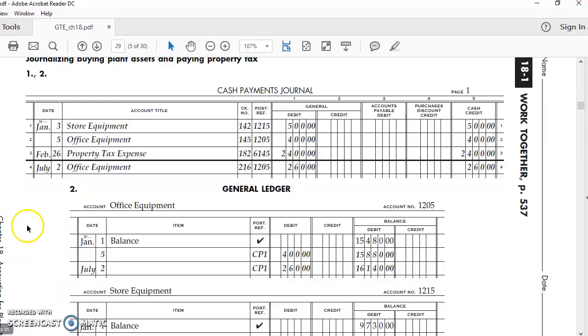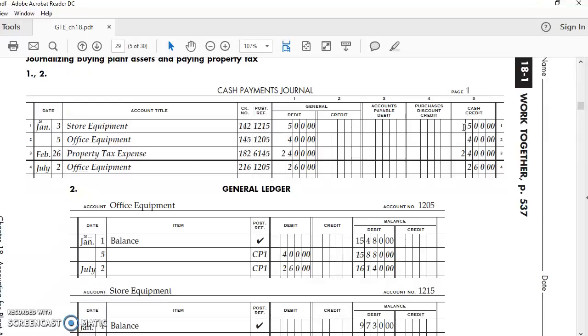So I'd like to bring your attention to this transaction, January 3rd, store equipment. It says here that it's check 142. Please do nothing with the post reference at this time. This paint mixer is $500, so it's a general debit and a cash credit. Very generic, simple transaction.